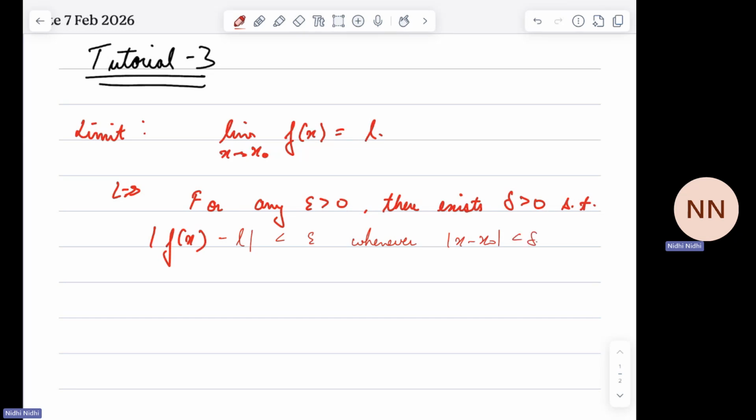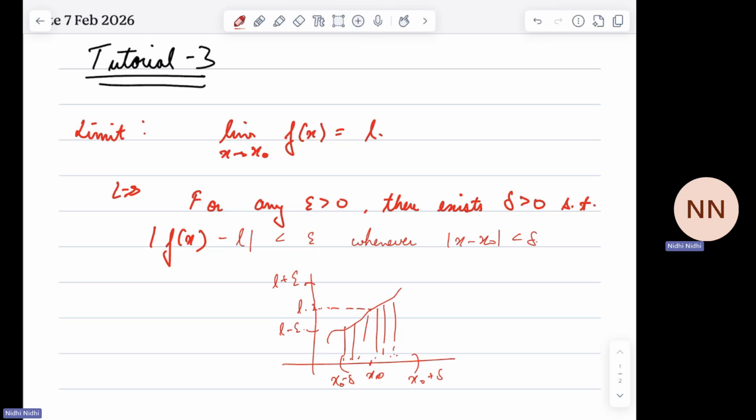That means whenever the points x in the domain are near to x naught, x is in between x naught minus delta and x naught plus delta, the graph of the function, suppose this point is L, the value of the function at these points should be in some neighborhood of L, L minus epsilon to L plus epsilon.